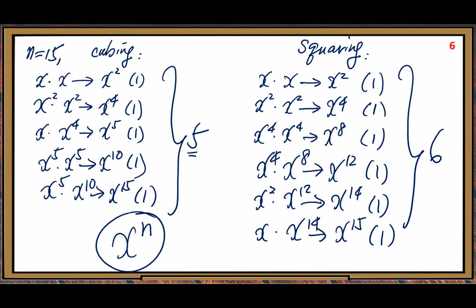Your goal is to get a minimum number of multiplications. This question I cannot solve myself. I cannot give you a clear answer on how to solve it. It is an open question for me. Challenging, very challenging.